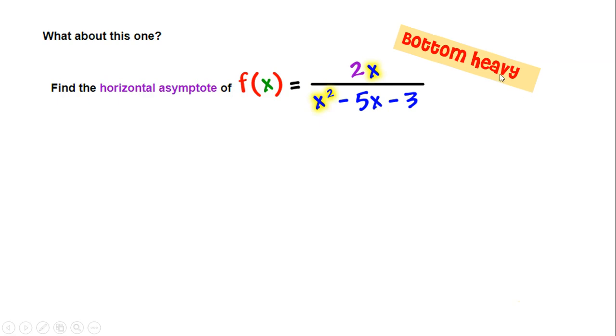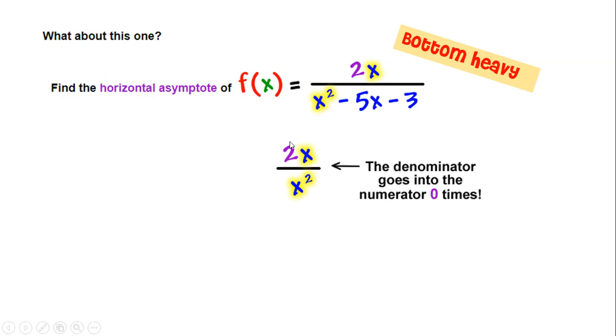So what was the horizontal asymptote for bottom heavy rational functions earlier? If we have bottom heavy, what kind of horizontal asymptote are we supposed to have? You remember? We can remember with this here. The leading term from the top is 2x. Leading term from the bottom is x squared.